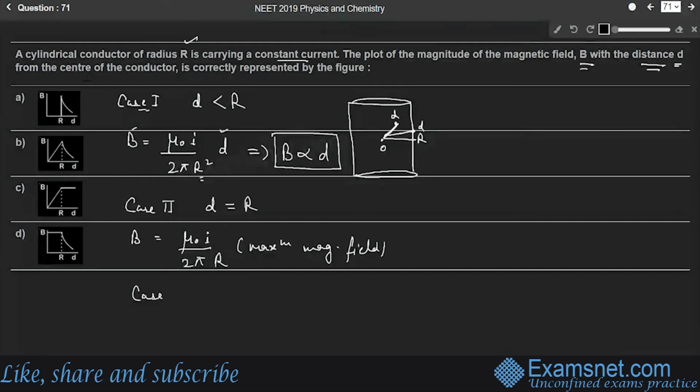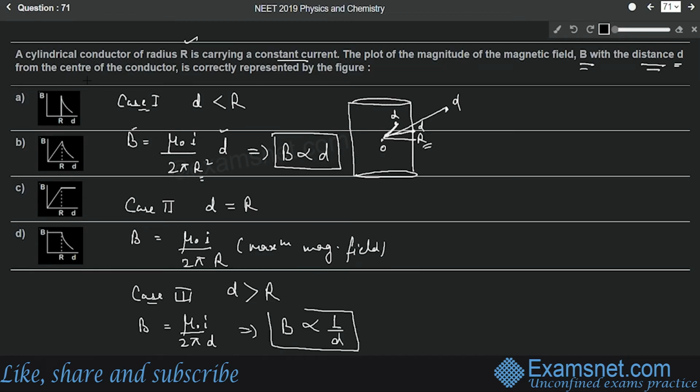Now in the third and the last case, this point can lie somewhere outside the cylinder. So this distance d will become more than that of radius. Okay, so in this case d will become more than the radius, and the magnitude of magnetic field will be equal to mu naught I by 2 pi d. Okay, that means the magnetic field will be inversely proportional to d.